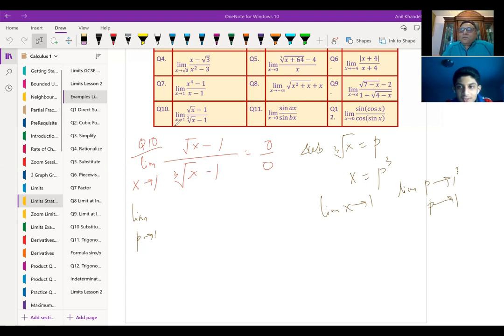Sir, initially I was thinking that since it's square root x, we can just do square root of p cube, but I don't think that will work out, right? Since in the numerator there's square root x, and we wrote x equals p cube, I was thinking that we can simply write square root of p cube, but will that work out that way?